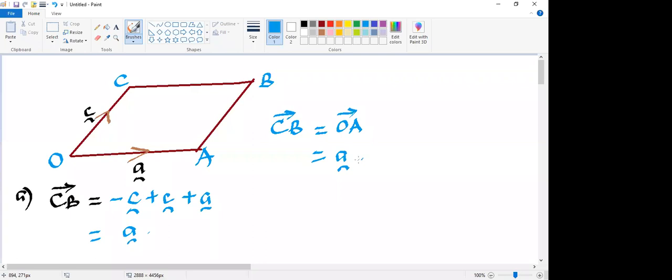Okay, we are using what we have just discussed, equal vectors. And I think that is very good. Go ahead and tell me what the vector BC would be. What is vector BC?